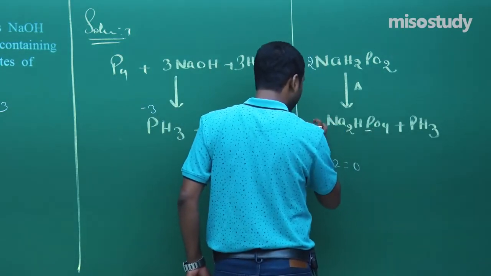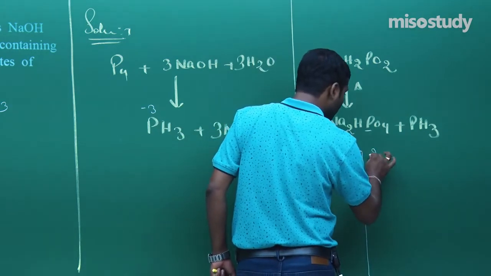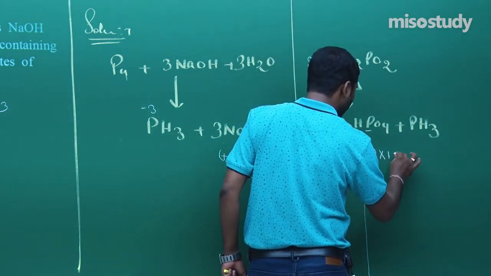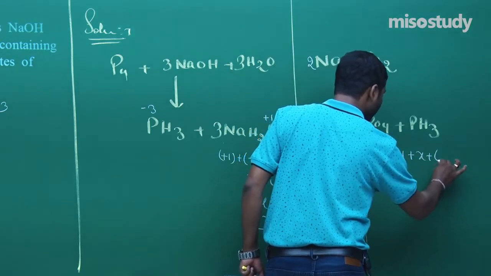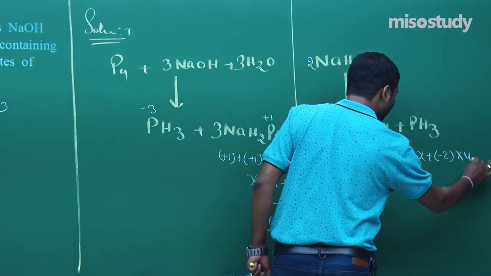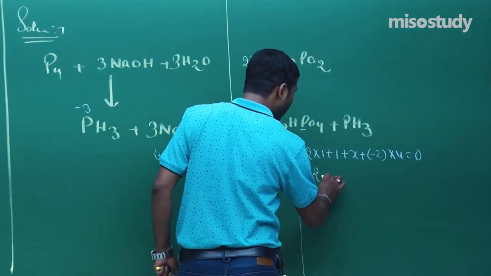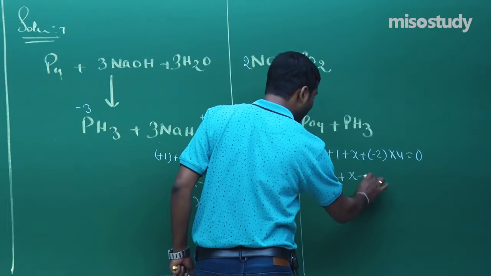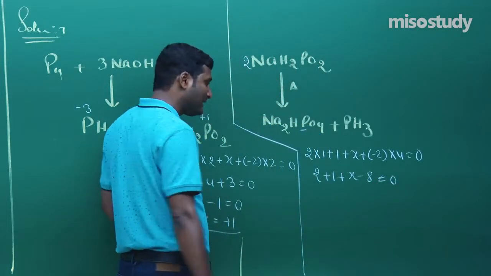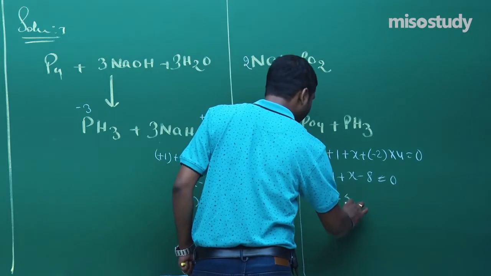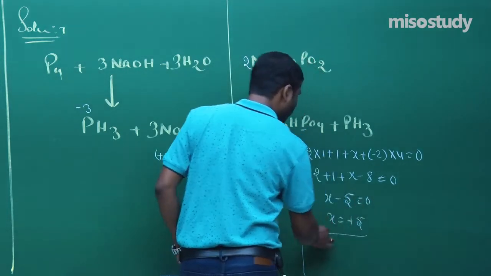Now what is the oxidation state here? Find it out. Wait for a moment. Na is +1, that is 2 into +1, plus hydrogen, that is +1, phosphorus x, oxygen -2 into 4 is equal to 0. That is 2 plus 1 plus x minus 8 is equal to 0. Clear to you? That is x minus 5 is equal to 0. x is equal to +5.